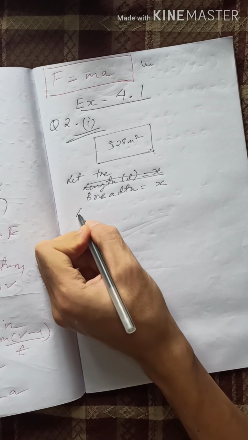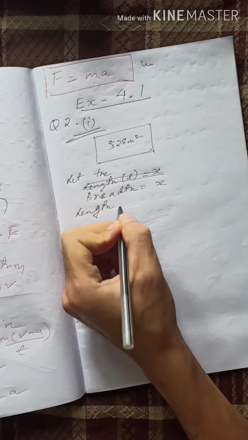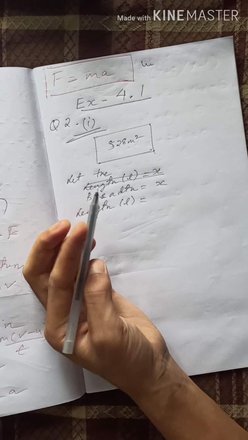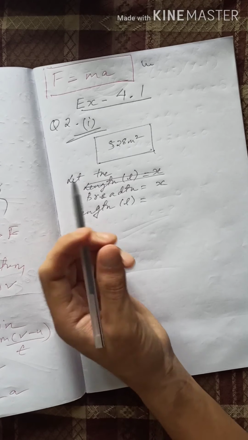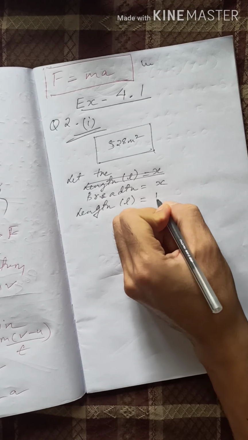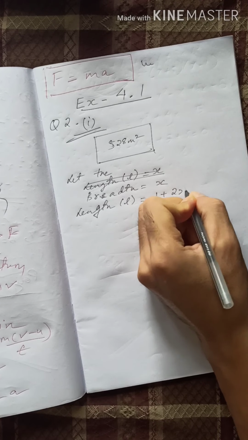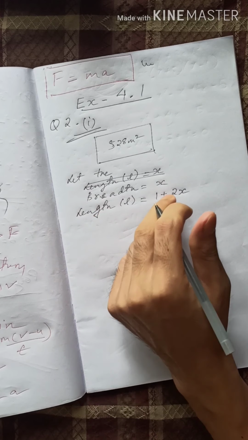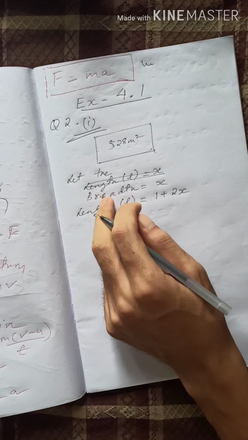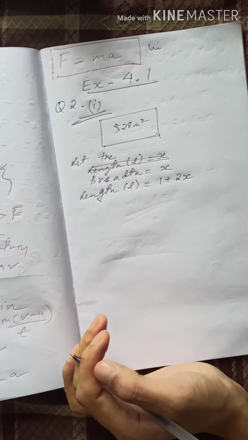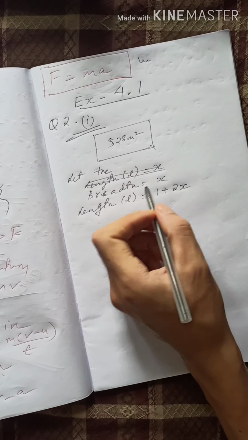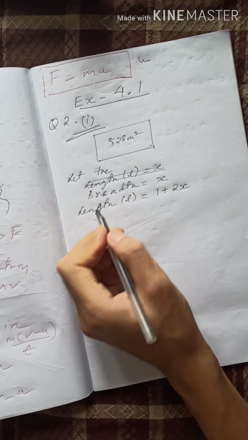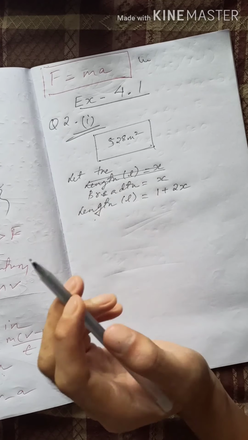If breadth is x, then length L equals how much? See, here it says the length of the plot is 1 more than twice its breadth. So this will be the length. Now we need to find the length and breadth of the plot. So area is already given.